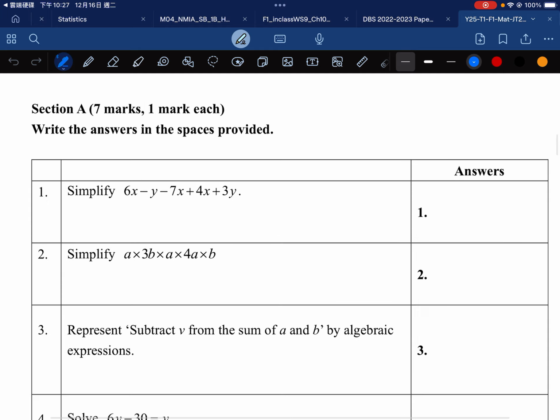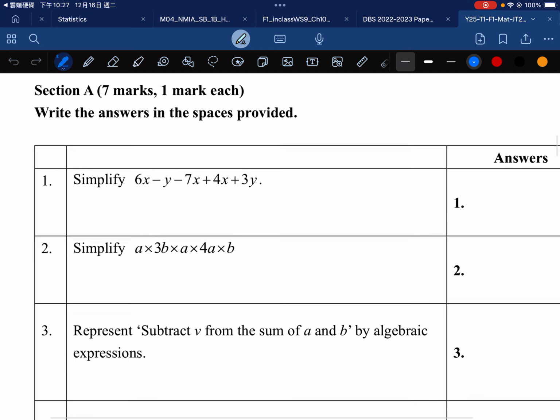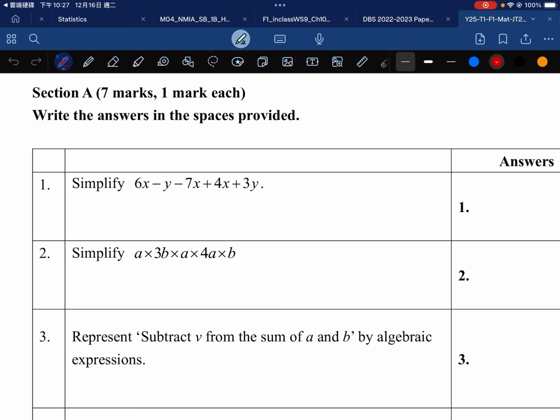Okay, first of all, for session A, we are going to talk about question one by one. For question one, we have to simplify the algebraic expression here. The trick of this one is to combine the like terms, which means we add up the like terms. So we have two kinds of terms.